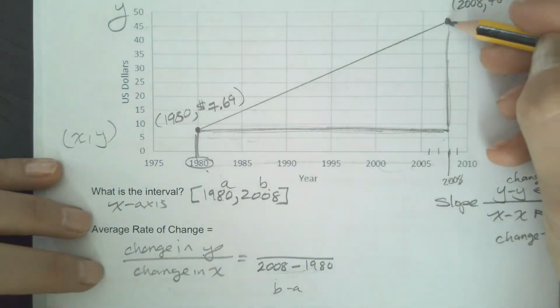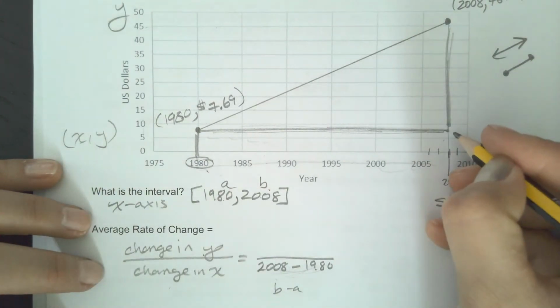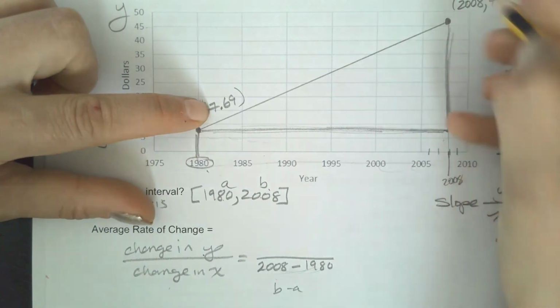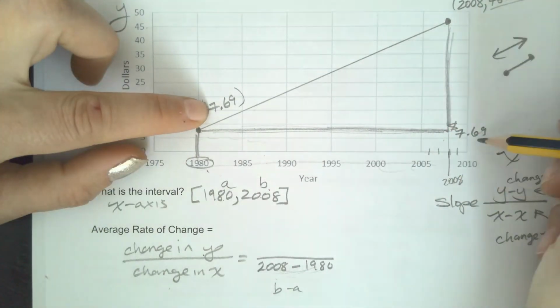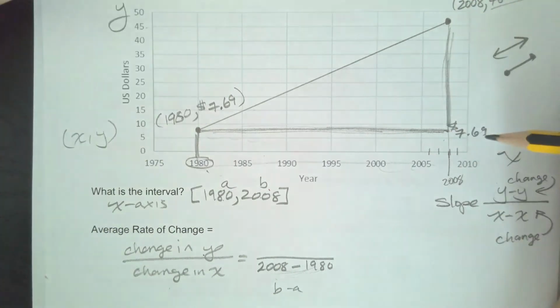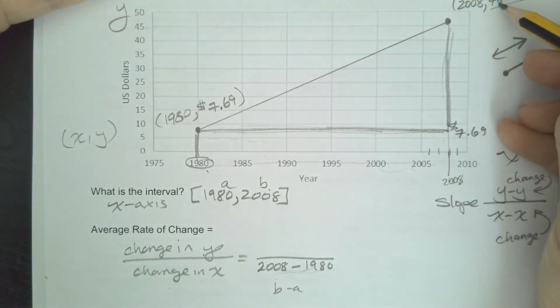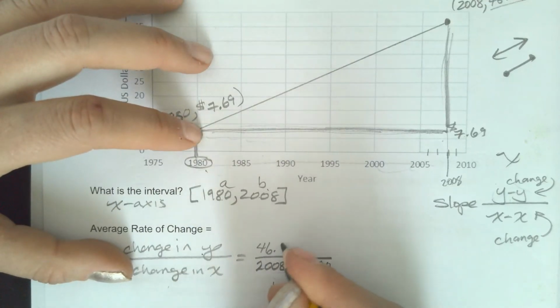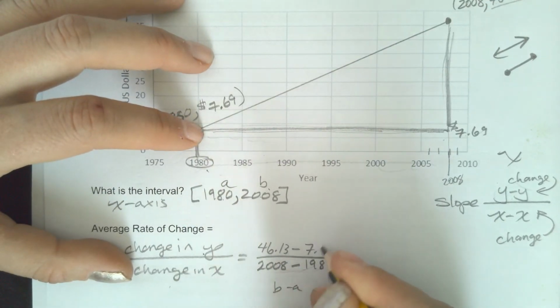Now the change in the y's, we have the smallest one is $7.69 and it went up to $46. What's the change? How much did it go up? I just subtract the smallest one from the biggest one. So I just go 46.13 minus 7.69.